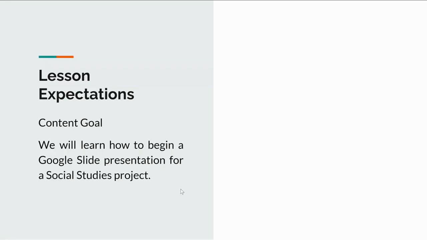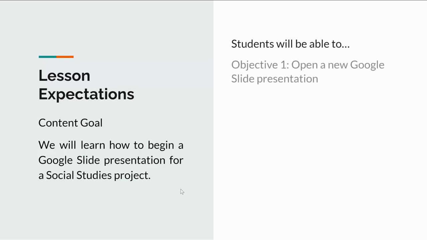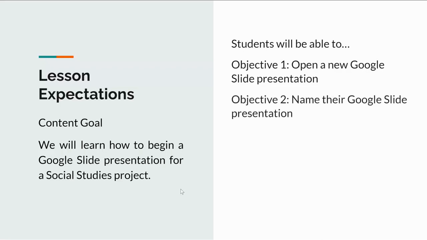Now students, in order for you to begin your Google Slide presentation for your social studies project, there's 4 things that you need to be able to do. The first thing is you need to be able to open up a new Google Slide presentation. Where do you go? How do you get that done? The next objective is to be able to name your Google Slide presentation so you can find it easily.